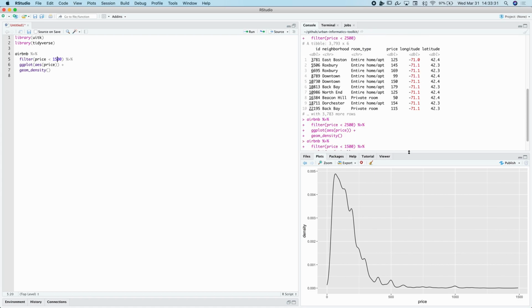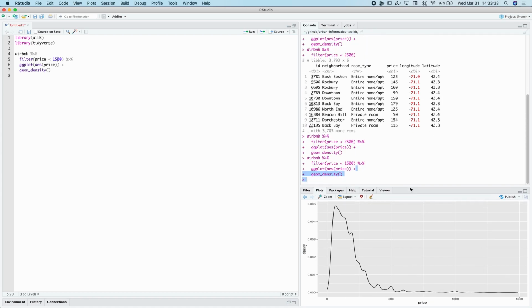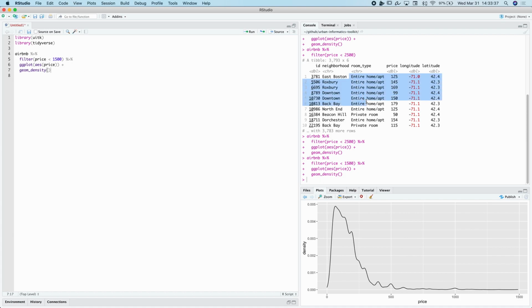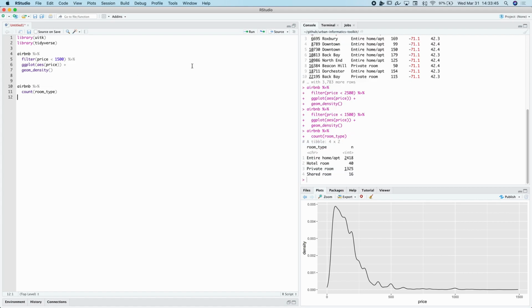So we have this variable, and now we want to begin asking ourselves, hey, does this price vary based on room type? If I look at this, Airbnb count room type, okay, we see we have over 3,500 observations, and only 56 of them fall into the categories of hotel room and shared room.